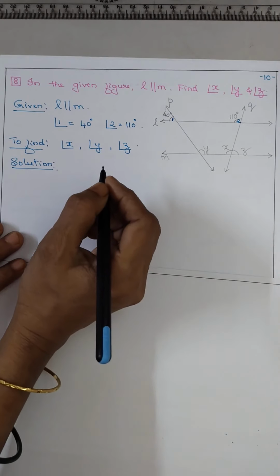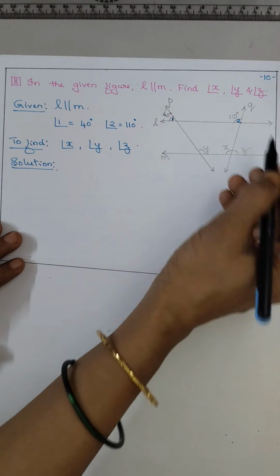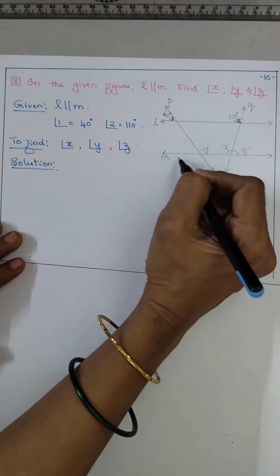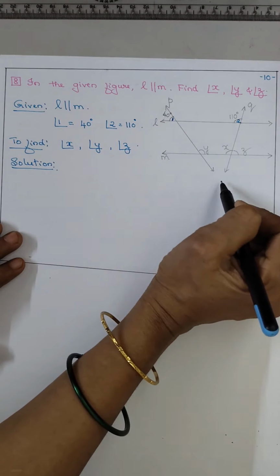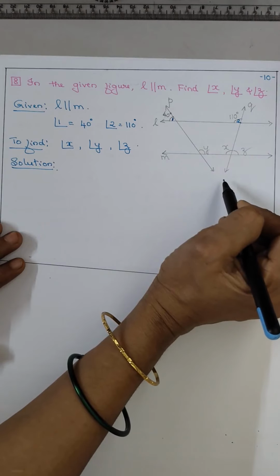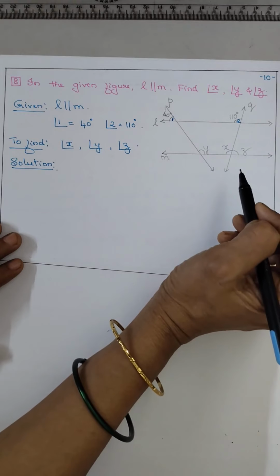If we take for X, X is this, isn't it? So if we take L is parallel to M and Q is the transversal, now X is equal to angle 2.